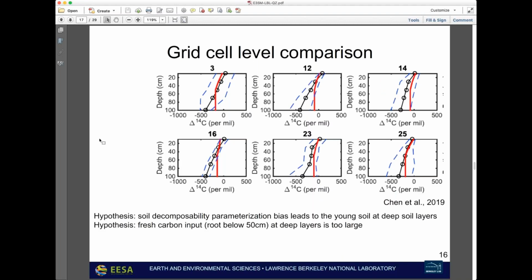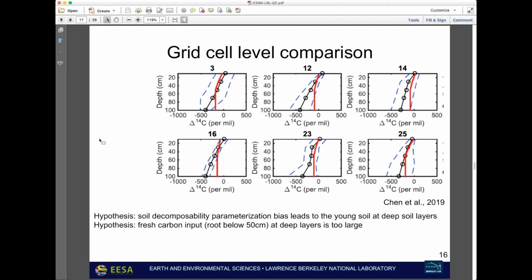But the issue is when we also compare the delta 14C for those sites. We see that for the shallow soil, that's probably fine. Let's say the upper 50 centimeters is probably okay. But between 50 centimeters and 1 meter, the model is consistently biased towards a younger soil.